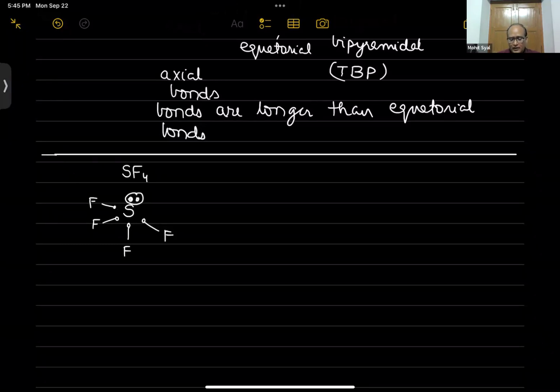There is one lone pair and 4 bond pairs. Got it? Yes, sir. One lone pair, 4 bond pairs.